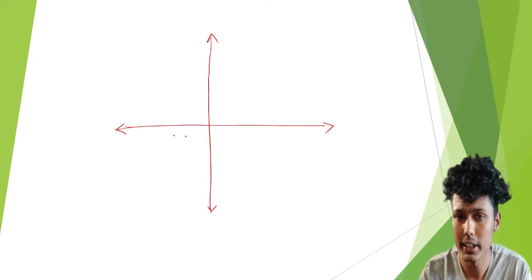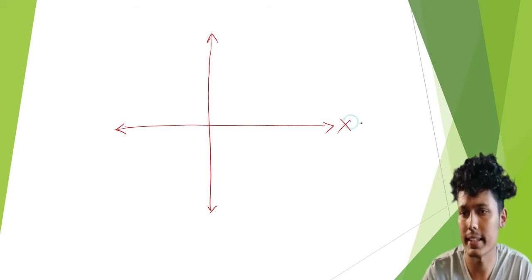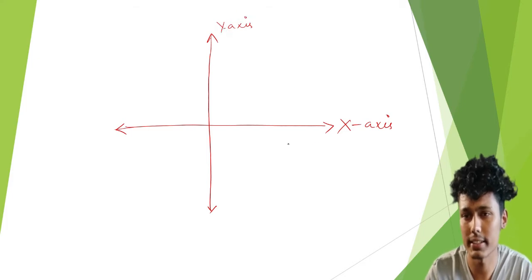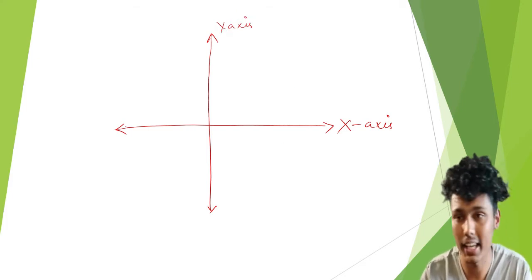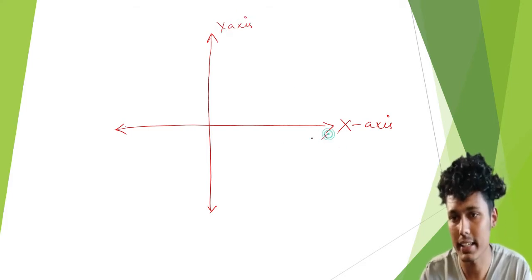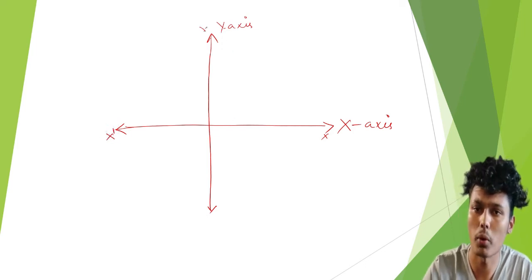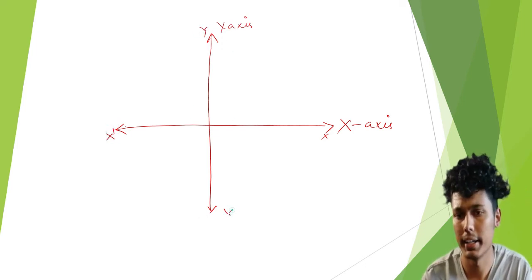Now this horizontal line is called the x-axis. And this vertical line is called the y-axis. This is x-axis and this is y-axis. When you name it, you can name it here as x and this as x dash. And this will be named y and y dash.